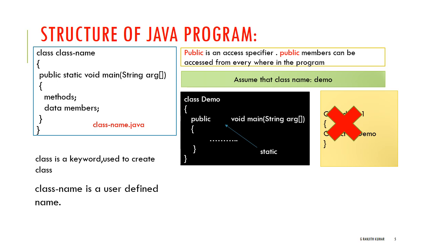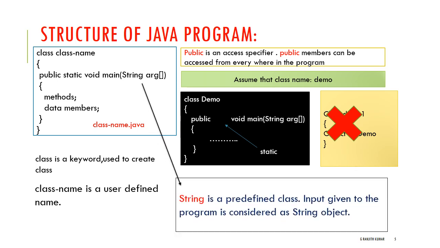That means String is a predefined class, and using that class we are creating an object of array type, because any input we give to the Java program will be considered as a string object. That's why a string object should be passed as a parameter to the main method.